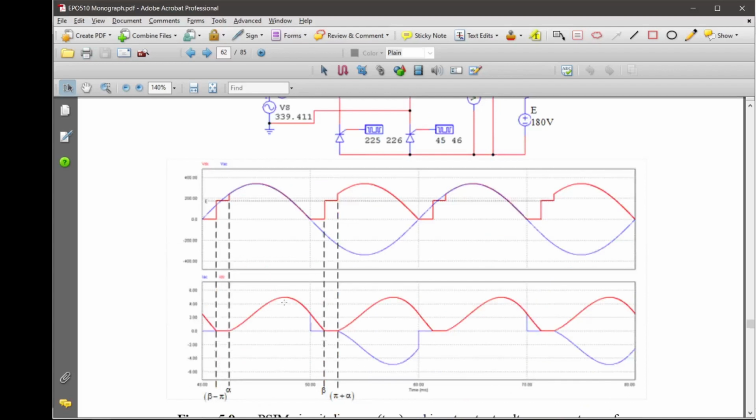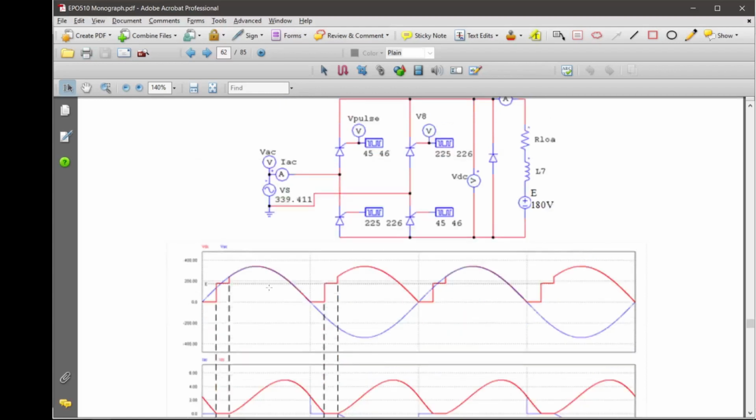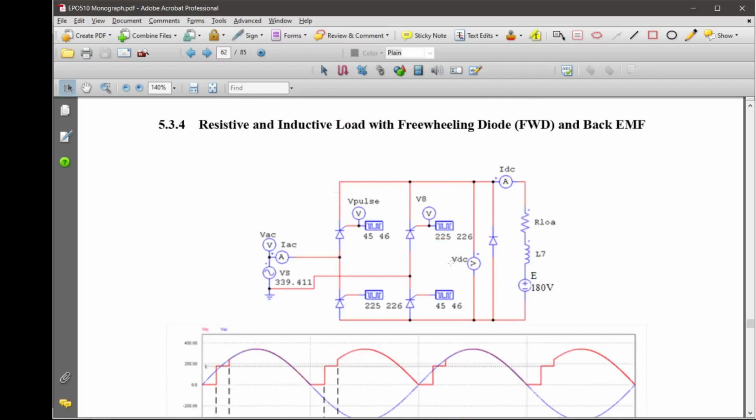Okay, so we can start to explain from the positive half cycle. If you start at 0 seconds here, no voltage, no current flows, and therefore if there is no current flow, Vout here will be equal to 180 volt. So at the beginning, from 0 seconds, we start at E until you trigger thyristor 1 and thyristor 2. This is thyristor 1 and thyristor 2.